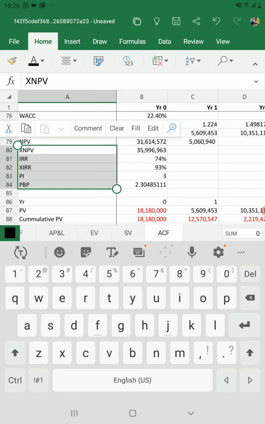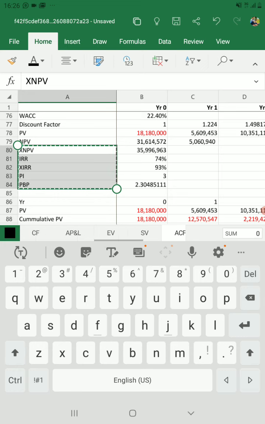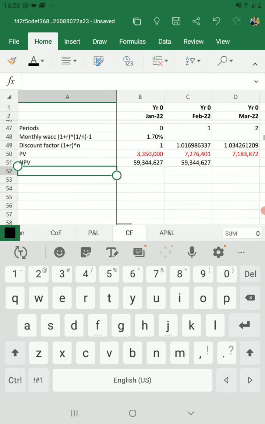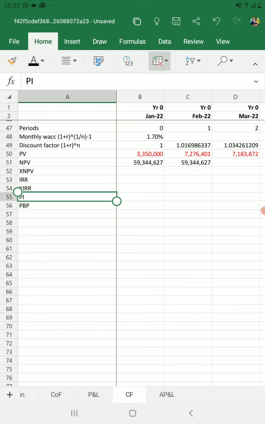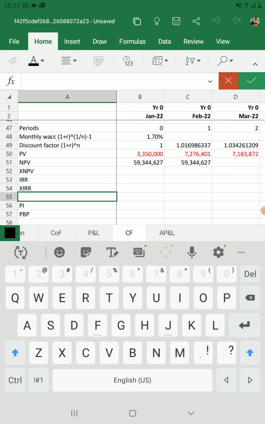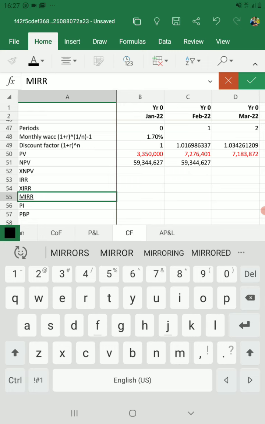Okay, so up to here, copy this, go to my monthly sheet, here, tap to paste them here, and maybe before PI let me insert a row, and there is that modified internal rate of return.